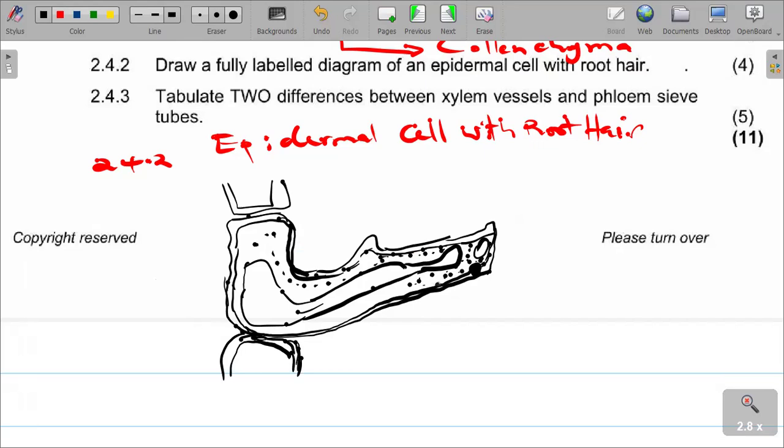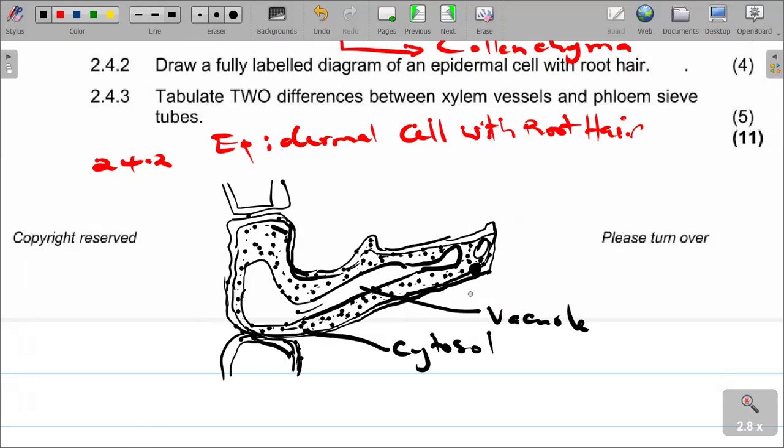That's how it might look. So this can be called the cytosol. We have the cytosol there. Of course, this can be the vacuole. We have the nucleus, and there is the cell membrane.